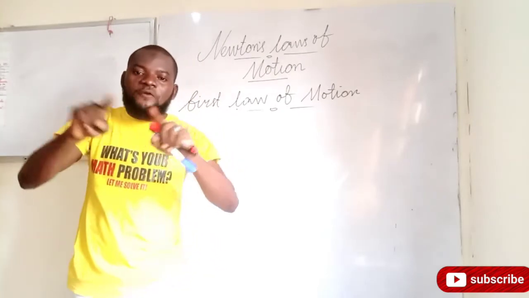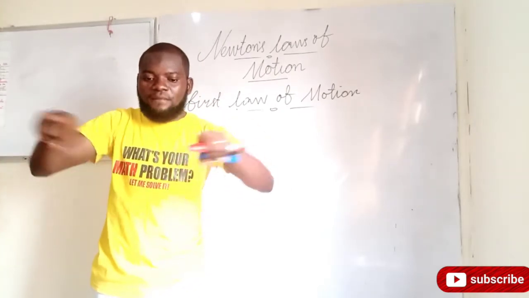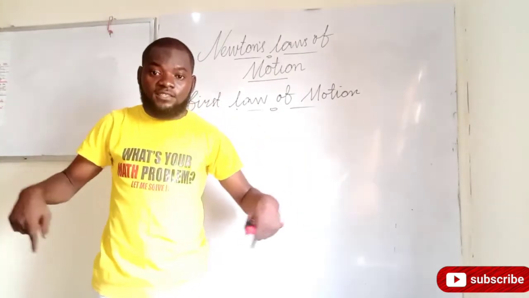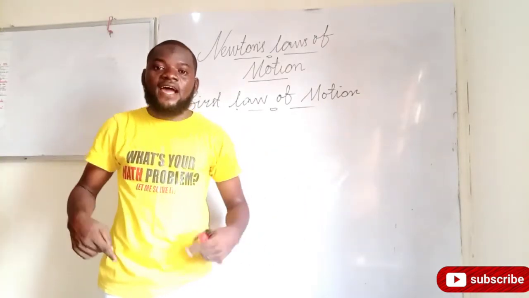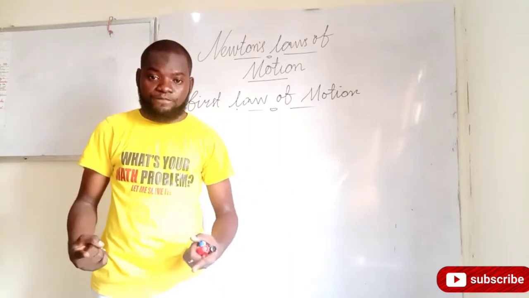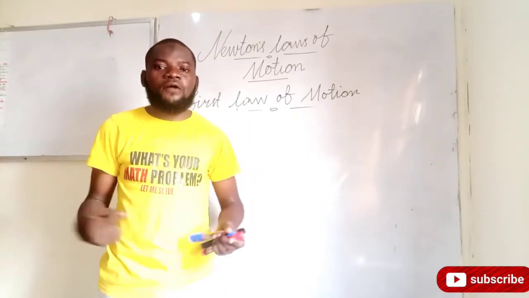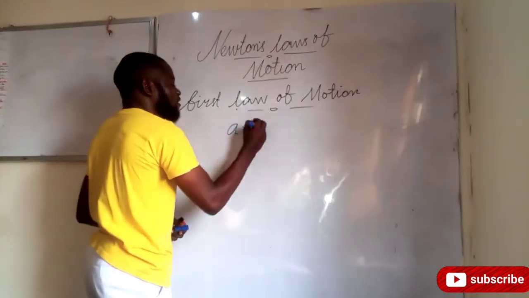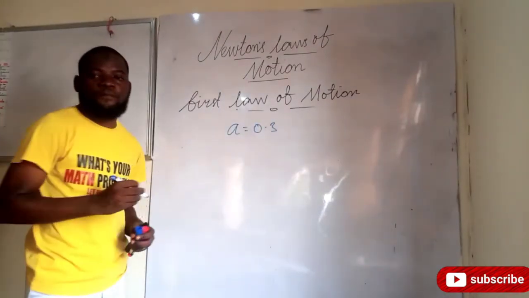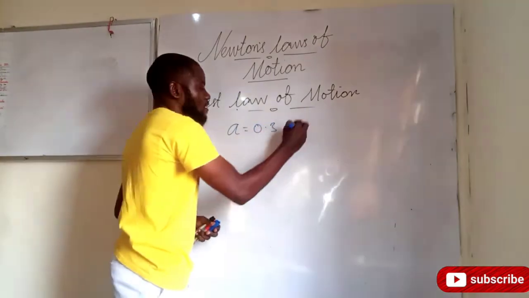Because where we are here, like myself, I'm in my studio now, shooting this video, this particular place I am is an inertial reference frame. And for every inertial reference frame, I have my acceleration to be approximately 0.3 meter per second squared.